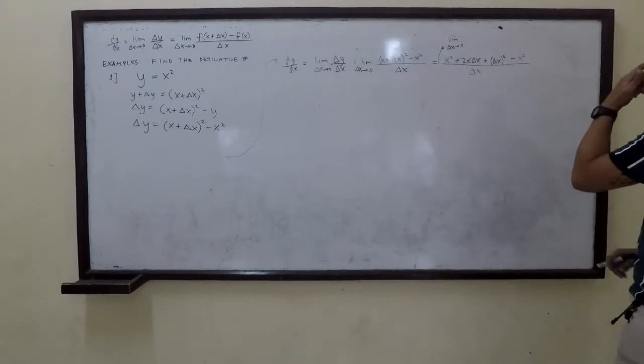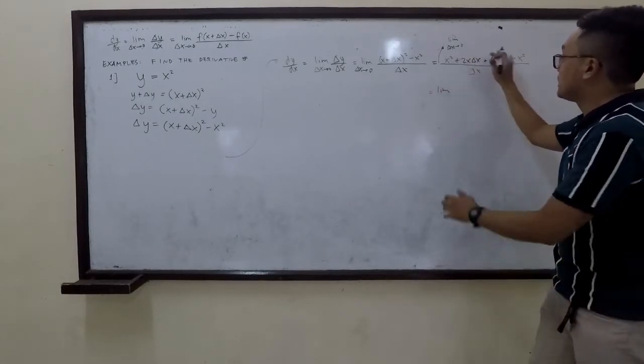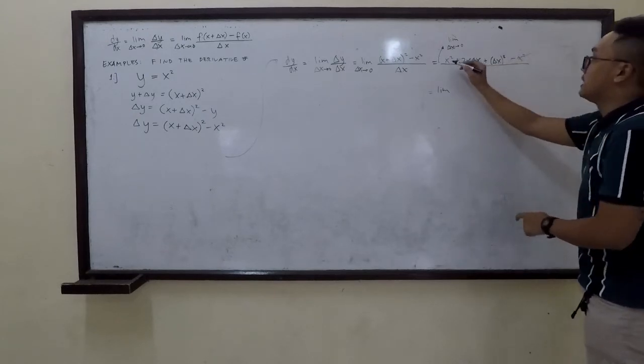Okay, next we simplify the numerator. So x squared minus x squared cancel out.